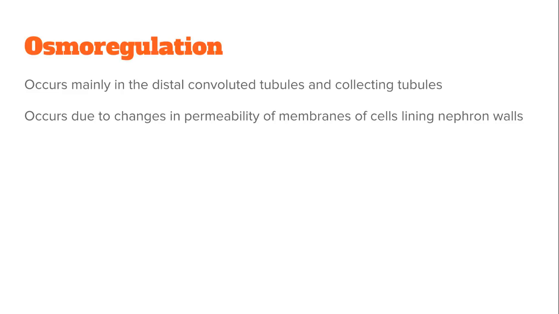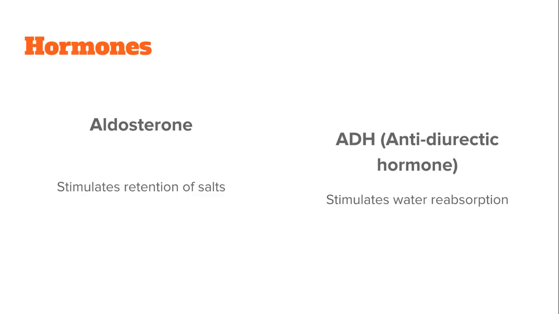So permeability is how easy the water passes through, and we can regulate and change that because of some hormones. The two hormones we're going to be discussing are aldosterone and ADH, or the antidiuretic hormone. Aldosterone stimulates the retention of salts, so we want to keep the salts in our body, and ADH stimulates water reabsorption, so that's when we want to keep water in our body.